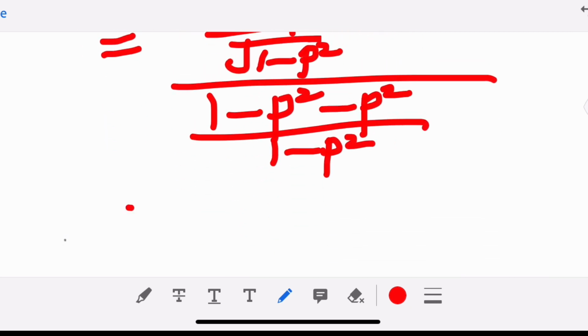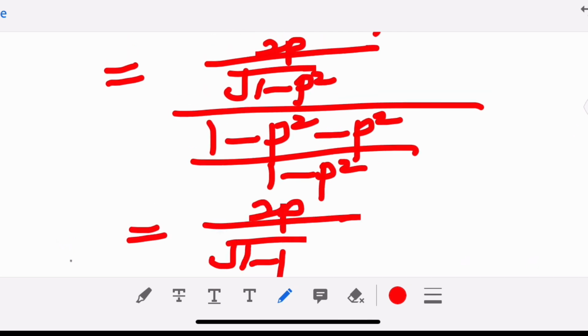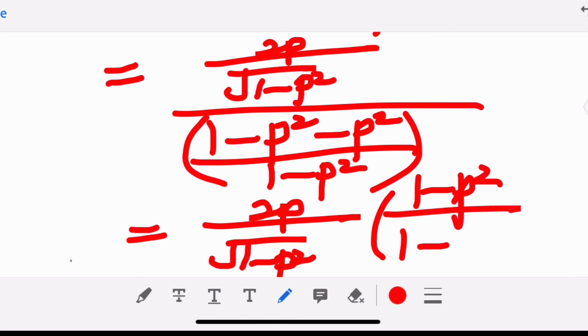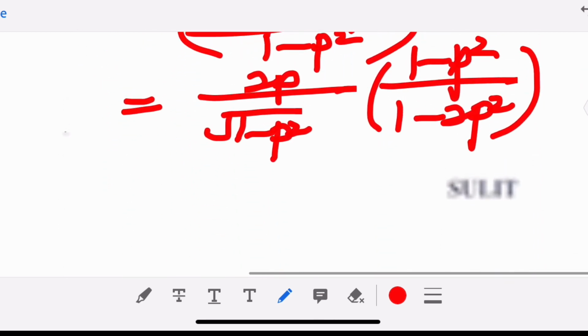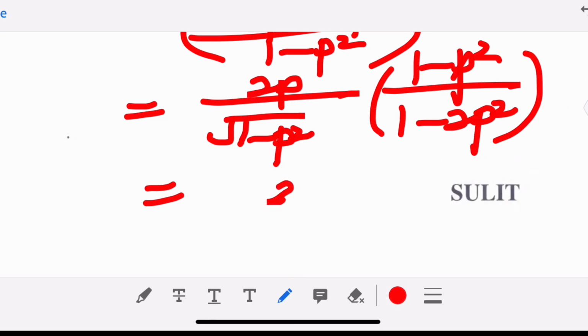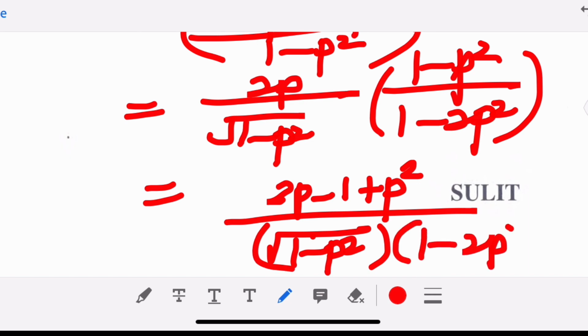So it will become 2p over the square root of 1 minus p squared, over 1 minus 2p squared, right? Okay, it becomes very complicated.